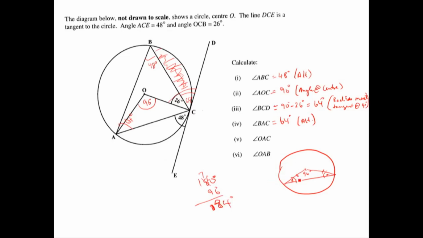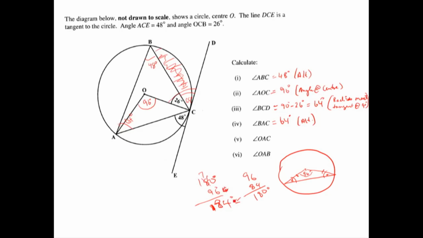So these two angles must add up to 84 degrees, because this is 96. To get 180, we have to add 84 to 96. So these two angles must add up to 84 degrees, my bad.